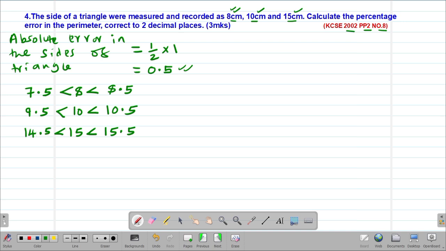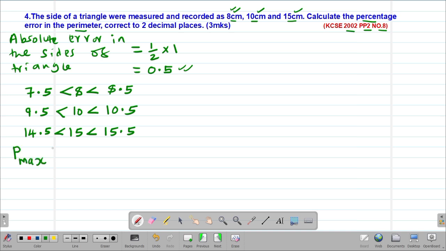Now, because the question wants us to find the percentage error in the perimeter, we'll start by getting the absolute error in the perimeter, which is always given by a half of the maximum perimeter minus the minimum perimeter under the brackets. So let's start by finding the maximum possible perimeter of this triangle, which I'm going to denote as P max.